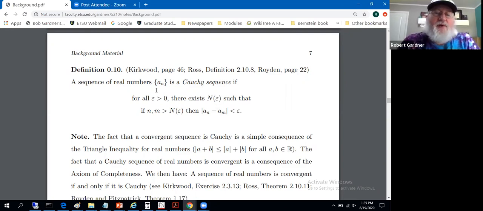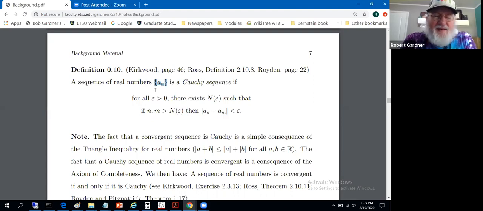A sequence of real numbers, {a_n}, so we're using this notation to represent sequences, by the way, set brackets and subscripted letters. So that's the sequence a_1, a_2, a_3, and so forth. That's a common notation. Do you have a problem with it? Yeah, a little bit, because set brackets, I mean, a sequence is not just a set.